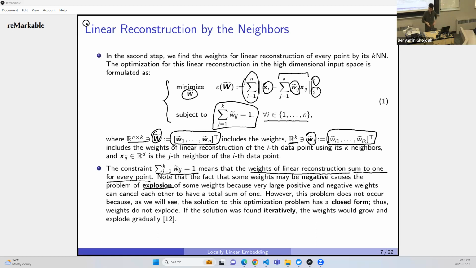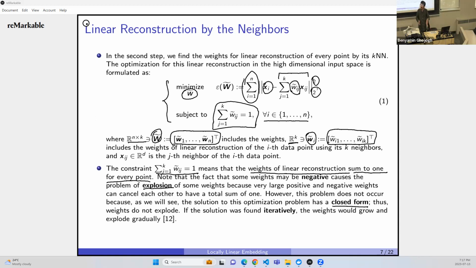If we couldn't and had to solve it iteratively, such as using interior point method, Newton's method or gradient descent, it would explode gradually. You would see it getting larger and larger on your computer. But as we find a closed form solution, this doesn't happen.